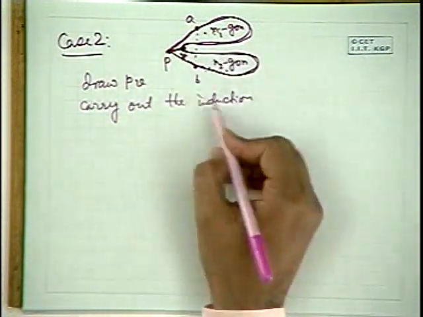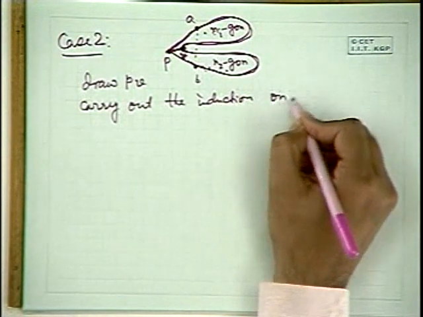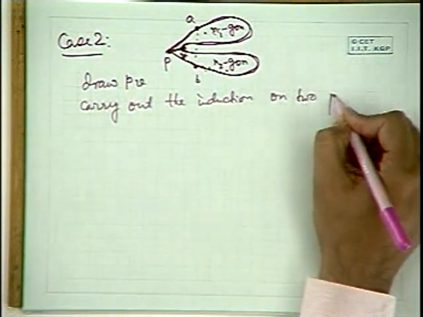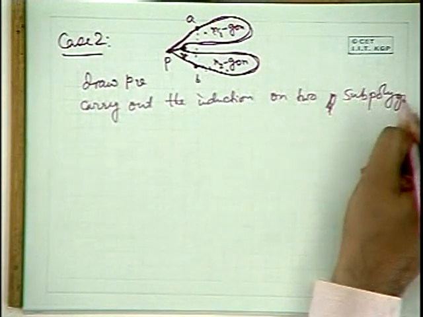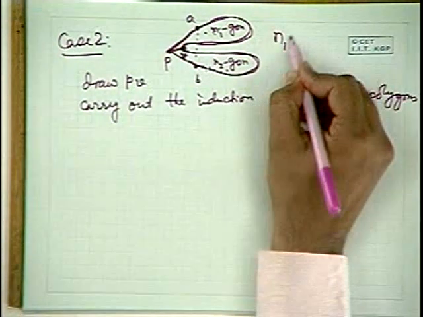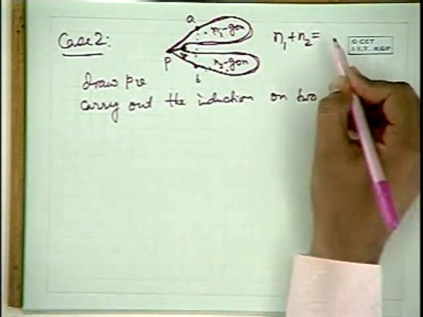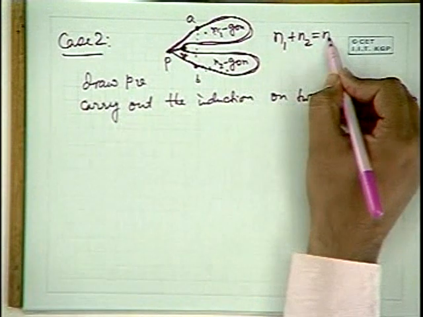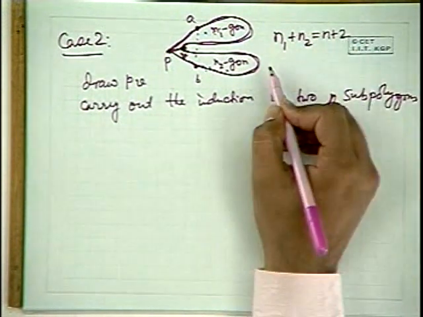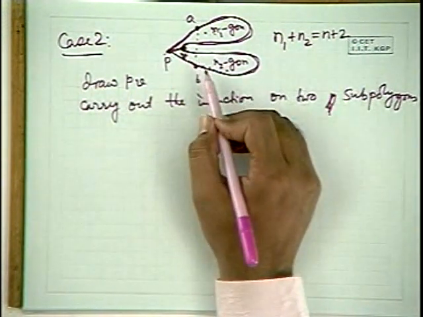So this says carry out the induction on two subpolygons. So basically N1 plus N2 is equal to what? Can somebody tell me this? No, it is N plus 2 because these two vertices are counted twice.